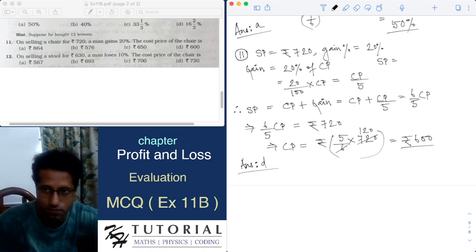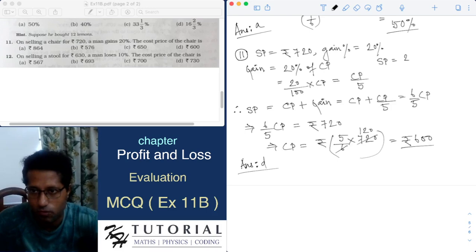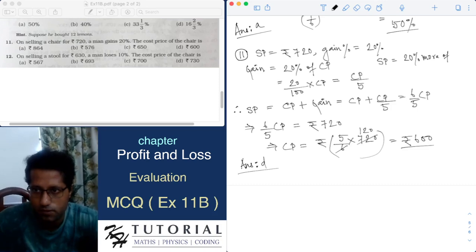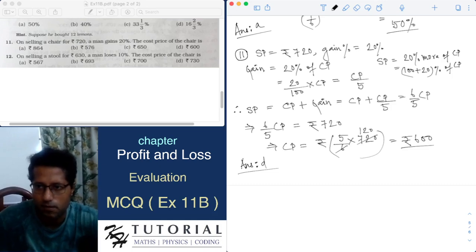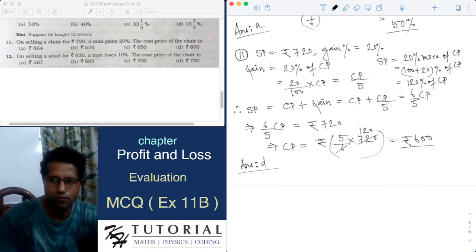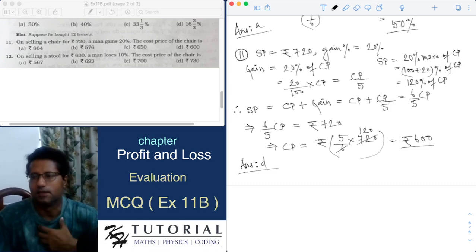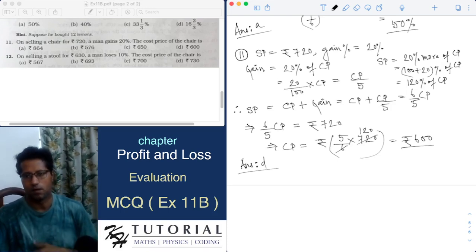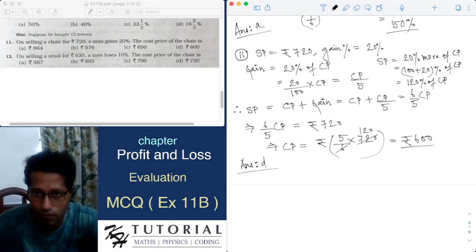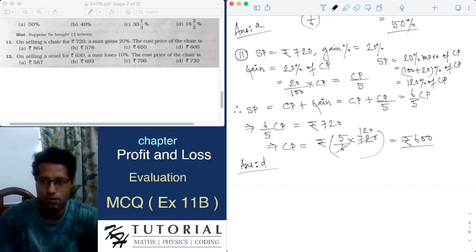If there is a gain of 20%, definitely SP would be 20% more of CP. This is nothing but 100 plus 20% of CP. This equals 120% of CP. From here also, I would have got SP in terms of CP, and then I would equate that to the given absolute value of SP, which is rupees 720. So this was another way of doing.